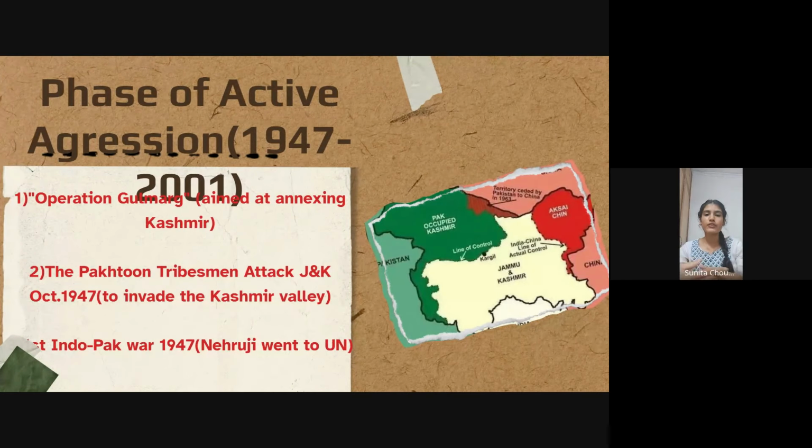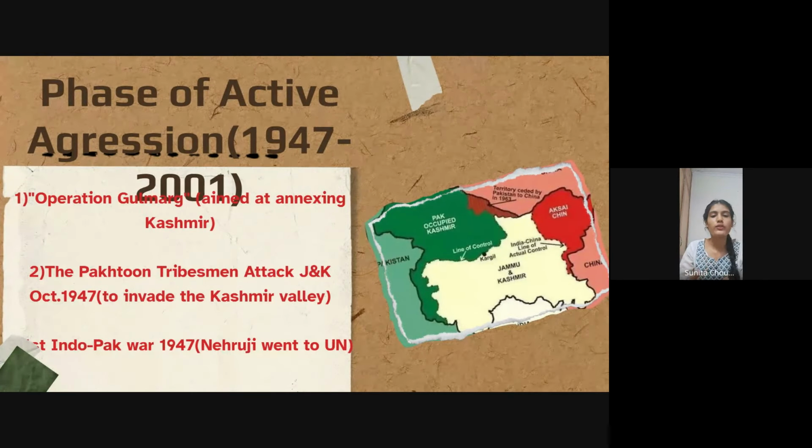Next, let's talk about the first phase, the phase of active aggression. As I have previously mentioned, the Maharaja of Kashmir, Hari Singh, was not sure with which nation to accede. During that time, the impatient Pakistan launched a series of operations, and the very first was Operation Gulmarg, whose aim was to annex Kashmir. After it, Pakistan launched the Pashtun tribesmen attack in October 1947 in order to invade the Kashmir Valley.